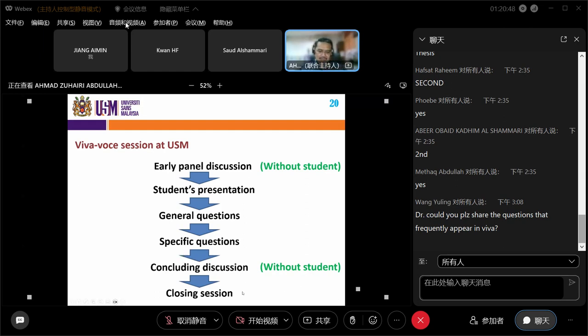But it's too bad because the decision had been made. Of course, most of the time, it is a very pleasant experience for the student, because they could be awarded a pass, with minor, or with major corrections. But of course, pass is the most important thing.